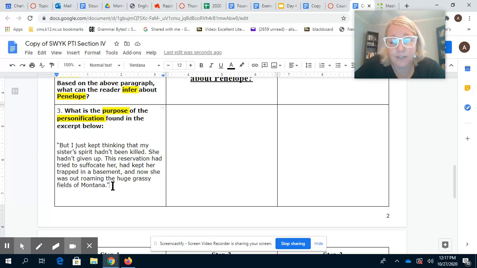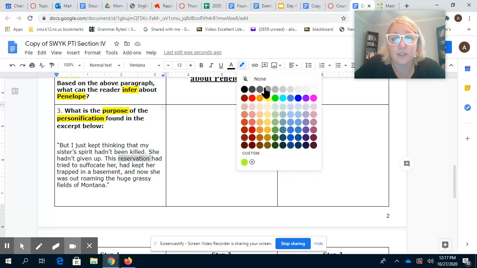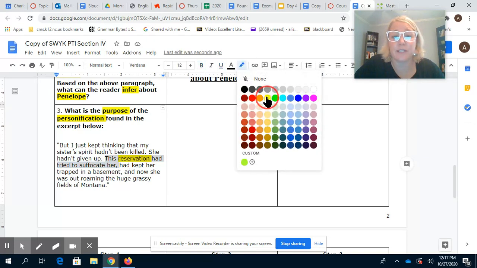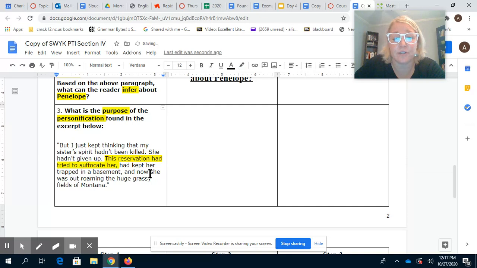Now, I'm hoping that you guys are chomping at the bit to highlight that example of personification that you already see, that our author has given the reservation human characteristics, right? Because a reservation is a place. And to suffocate someone, that's giving it human characteristics, like literally putting your hands around someone's neck. So this whole sentence right here is our personification, giving the reservation human characteristics.